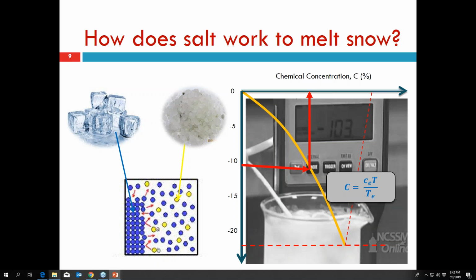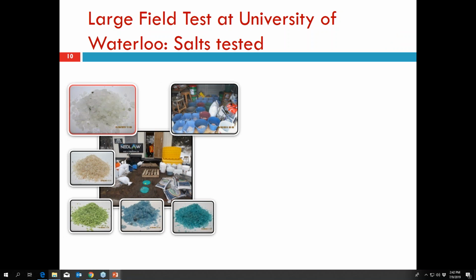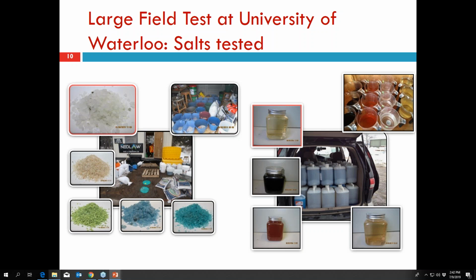To understand this, we spent a lot of time during my PhD at the University of Waterloo. I spent 4 years, from 2011 to 2015, to understand how salt works and what the optimal application rate is. In this period of testing years, I tested about 5 solid salts and 5 liquid salts.